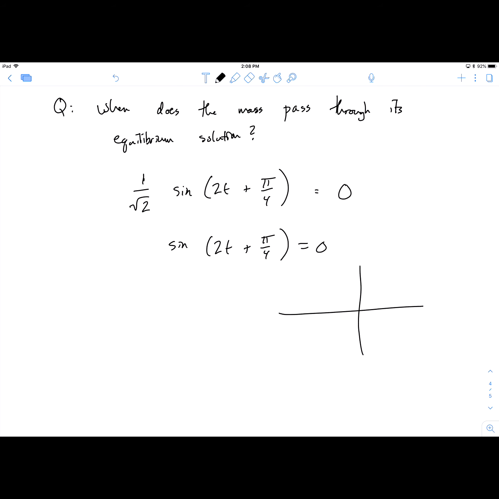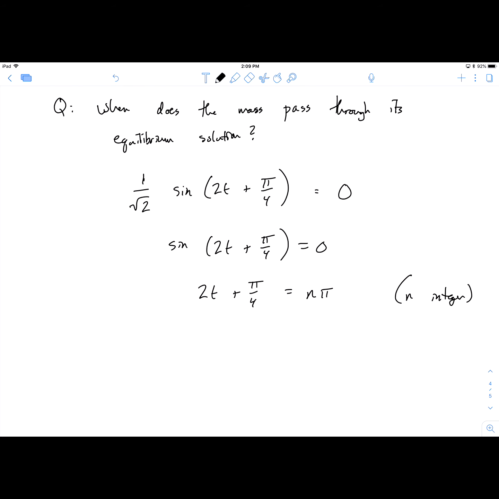If you look at a graph real quick, it looks like this. So it equals 0 at 0 here, at pi, at 2 pi, at 3 pi, and then over at negative pi, negative 2 pi, etc. So the sine function equals 0 at any integer multiple of pi. So to write that down, we're going to say that this input to the sine function has to equal n times pi, where n is an integer.